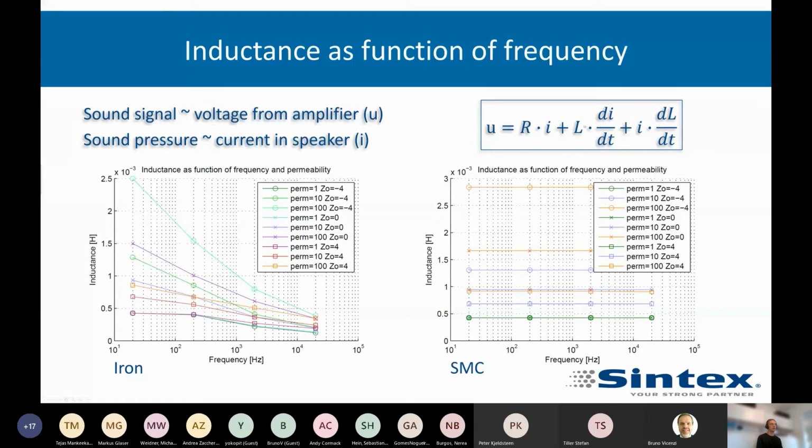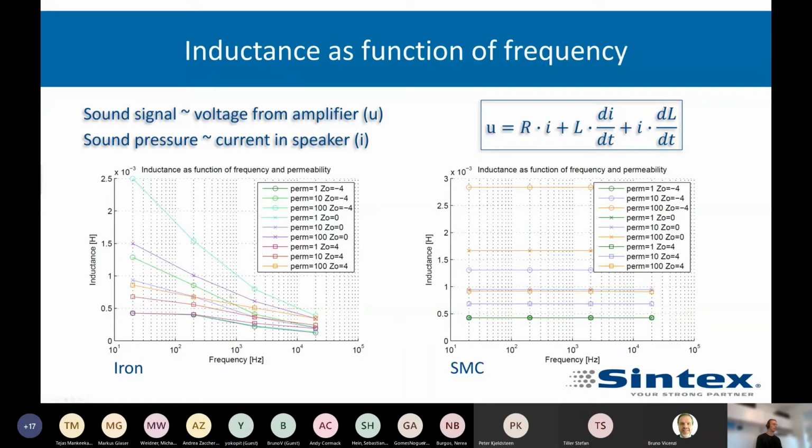Even though we have an inductance, this is manageable, because if it's constant, then we'll have this term here as a constant, and we can handle this. This is just a first order equation. But if we have a changing inductance, we will have this term also, which makes a distortion.